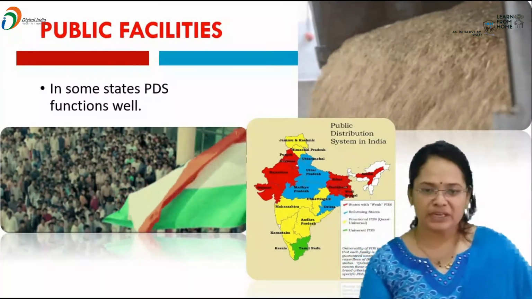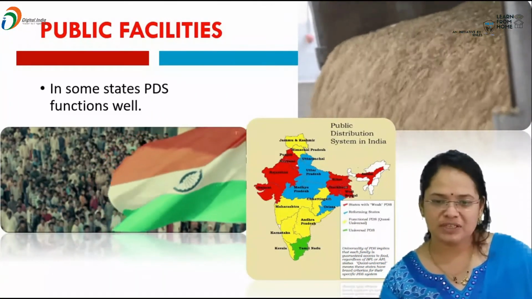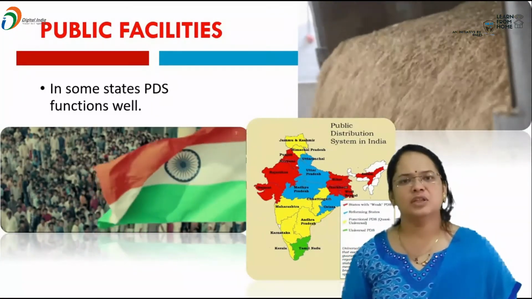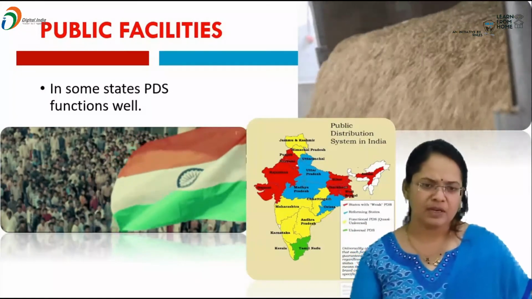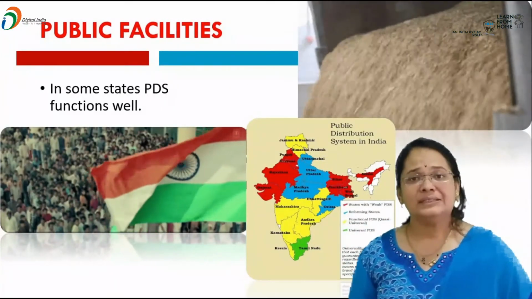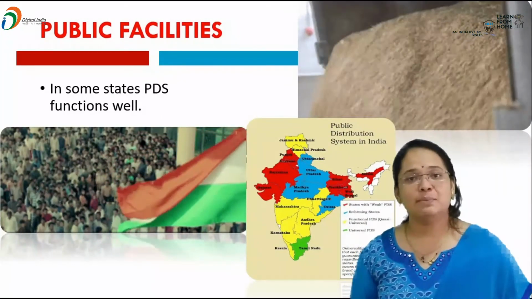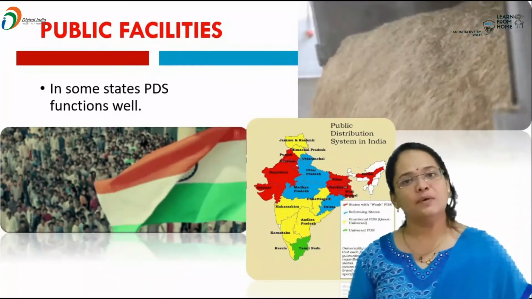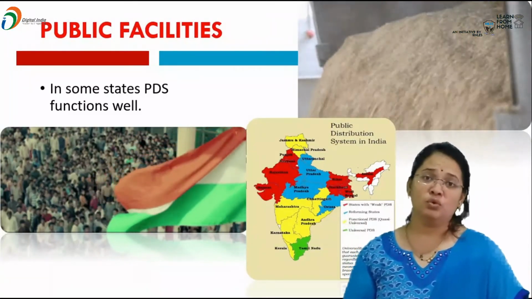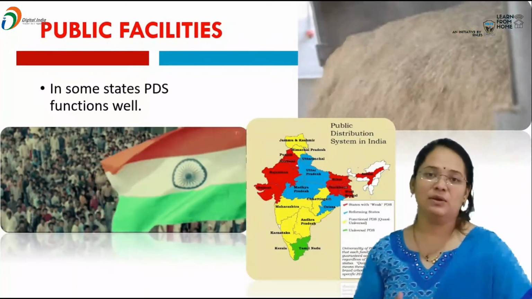Now in case of the green, that is Tamil Nadu, universal PDS distribution systems are there. Their shops are running very well. Now this is the whole structure of the PDS system in our country. It is one example of the public facilities that the government provides to the people of our country to improve health. Yes or no? And that is leading towards development.